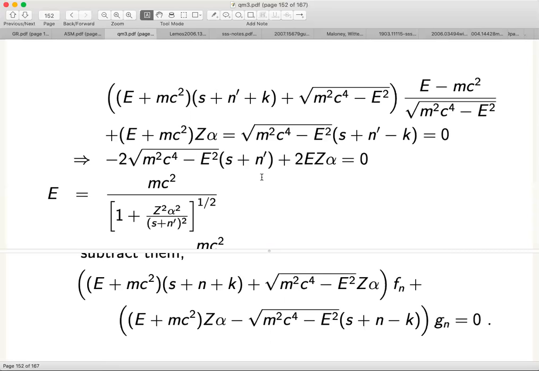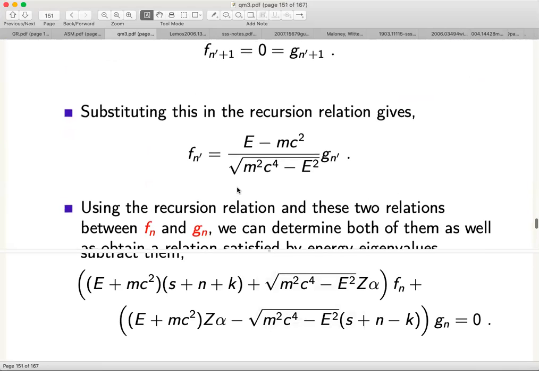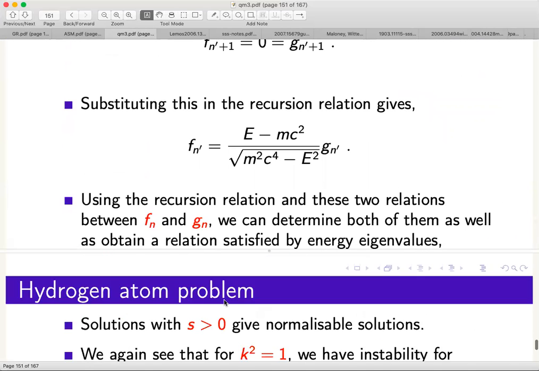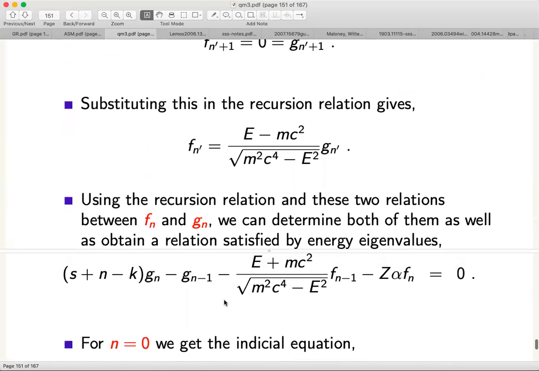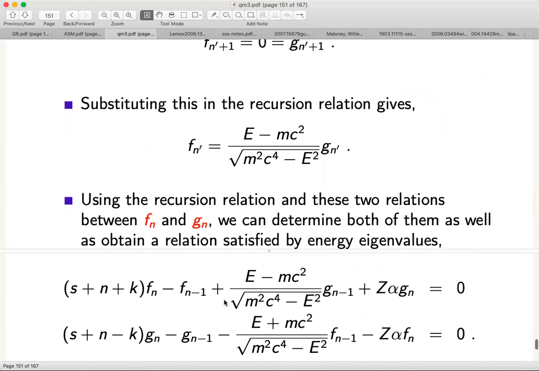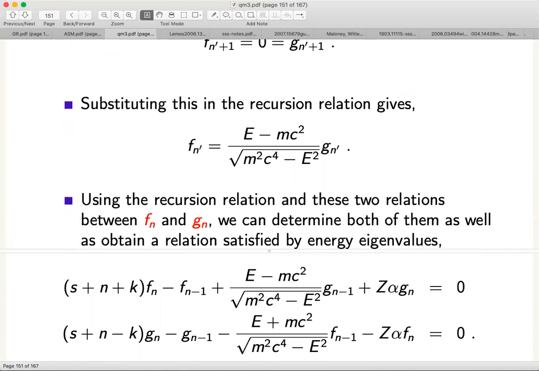Would you go back in this upper half to the relation between fn prime and gn prime? Yes, sure. Also to the recursion relation in the lower slide. Yeah, sure. Just hold on. Here. We are demanding that the series truncates at some n equal n prime.